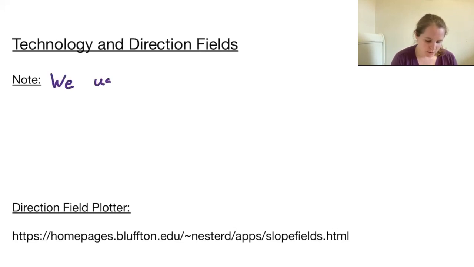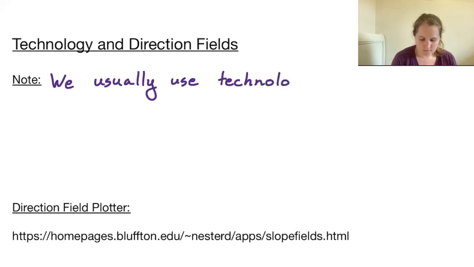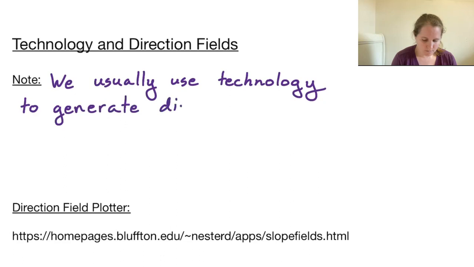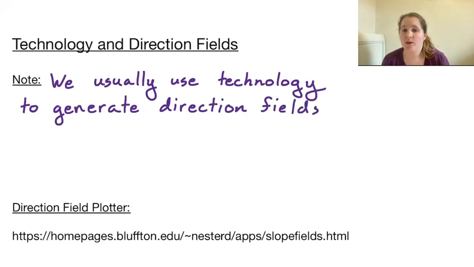So we usually use technology to generate direction fields. This way we don't have to run through hundreds of points or however many points to kind of figure out precisely the tangent line, right?